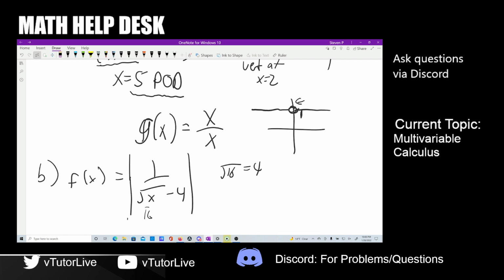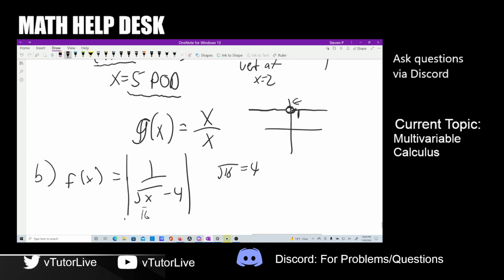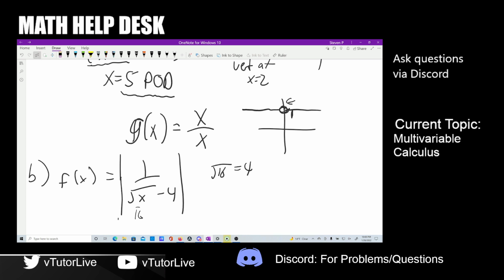I should note that I'm pretty sure this is the only one, because you can't have the square root of negative 16. So this is 16. I think this ought to look something like this, with a vertical asymptote like that. So 16 is your only point of discontinuity here, unless I'm sorely mistaken. I think that should be the correct answer.